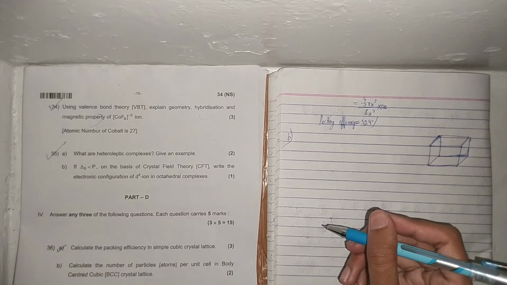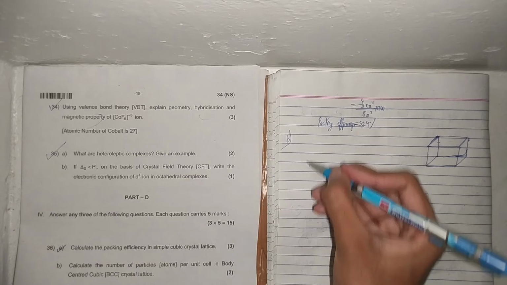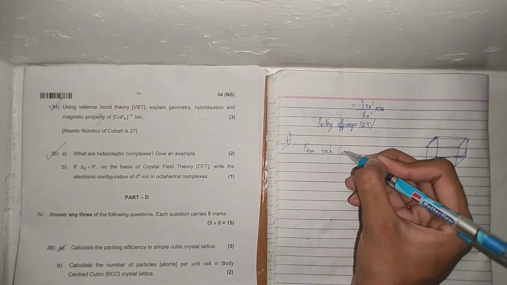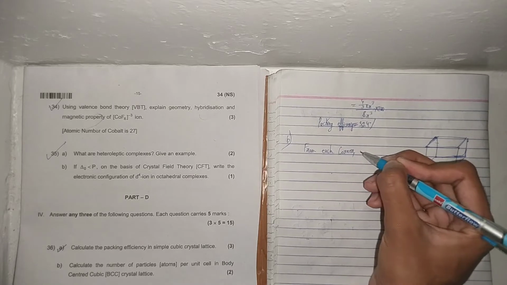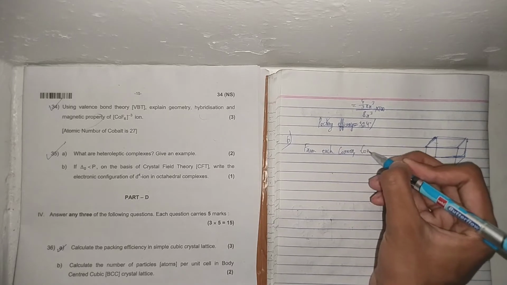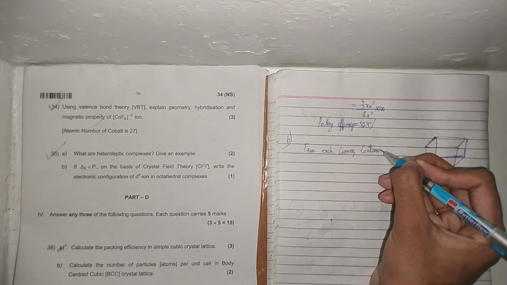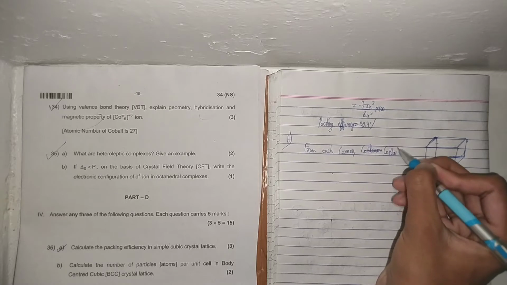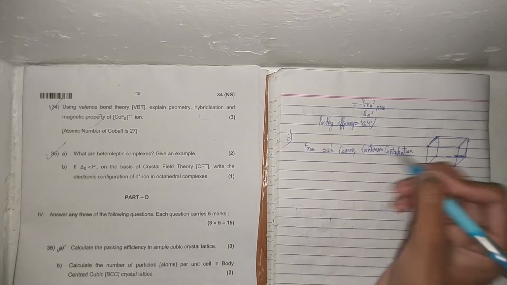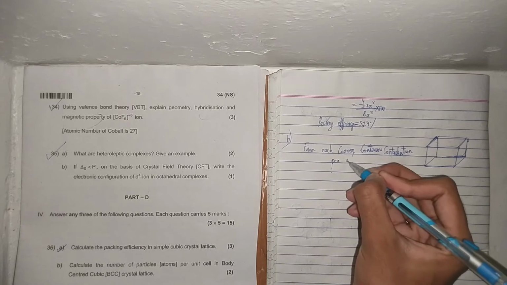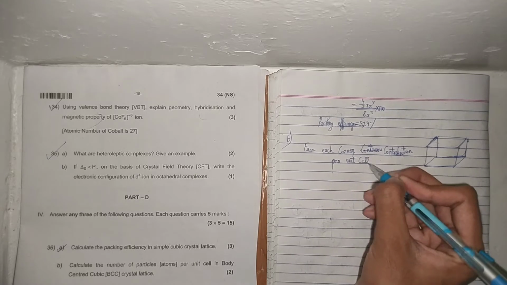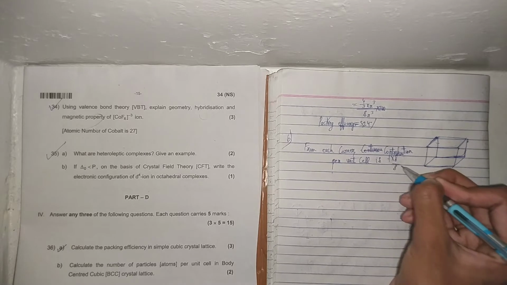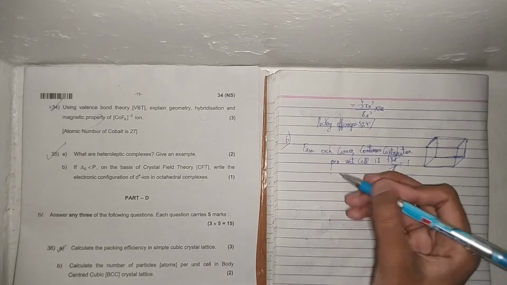From each corner of the cube, the contribution per unit cell is 1 into 8 by 8, so that is equal to 1.